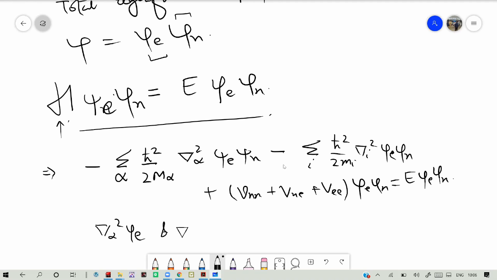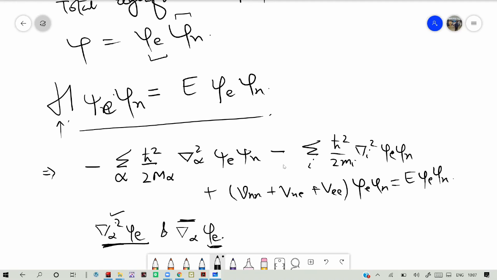So it means then we can separate them, electronic and nuclear. Just listen to what I am saying; I think you will be able to understand it. It means that wherever we have the terms del square alpha psi e and del alpha psi e, are you seeing it?